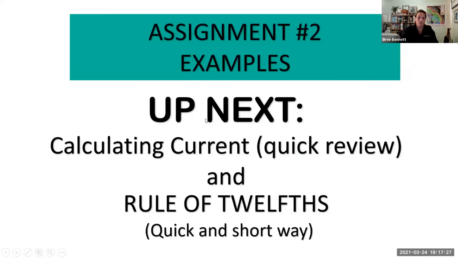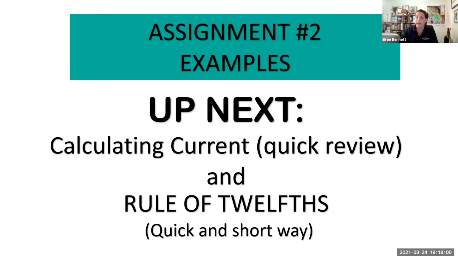Okay, so we're going to go through some of the problems and do some examples on, it's not assignment number 2, it's assignment number 3. Pretty sure it's assignment number 3. It's the tide assignment. Afterwards, we're going to do a quick review on how to calculate tides. Again, we're mainly focusing on tides and walking through those problems.